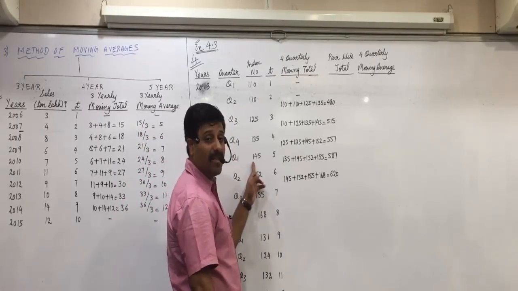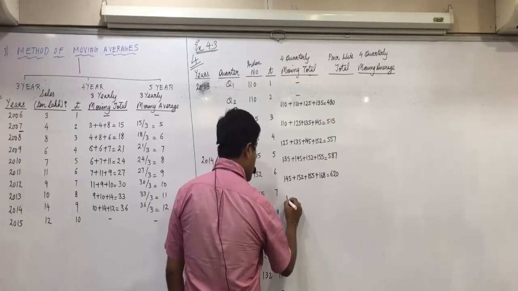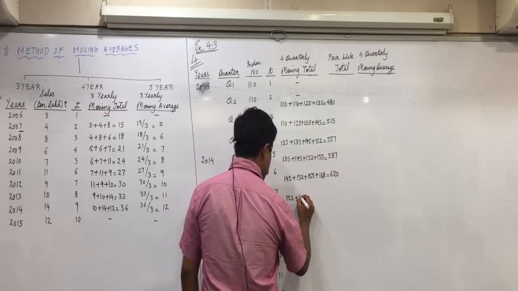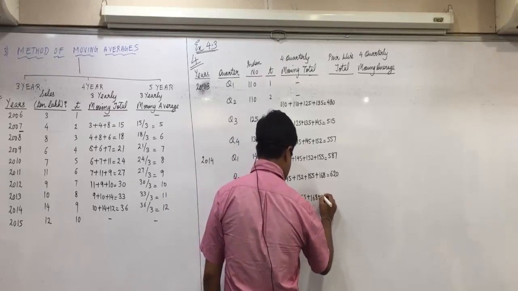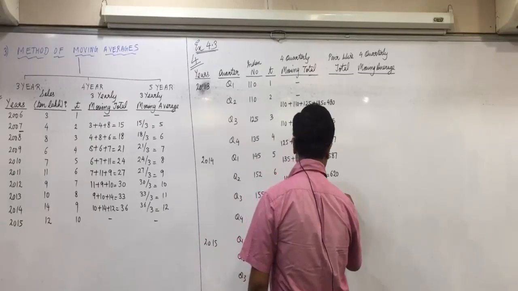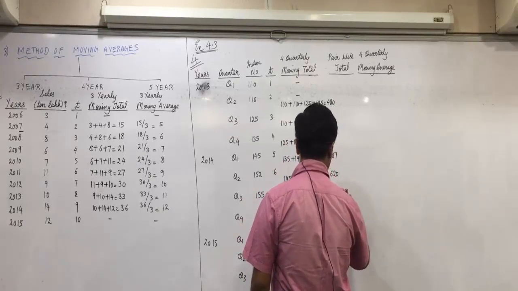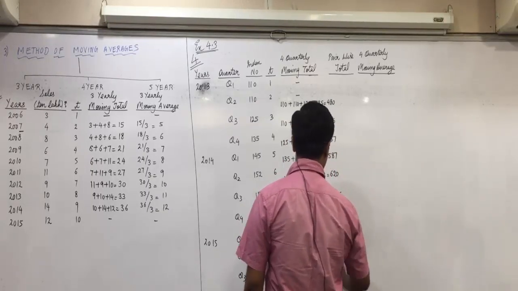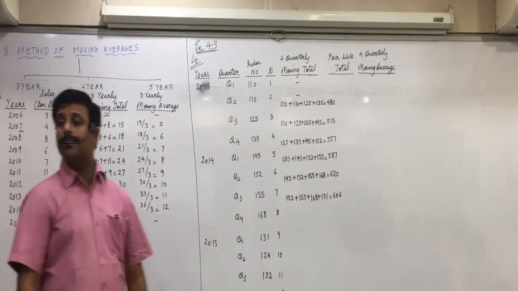We started from 145, the previous one. 152 plus 155 plus 168 plus 131 is 606. Yes. Are all able to follow this?